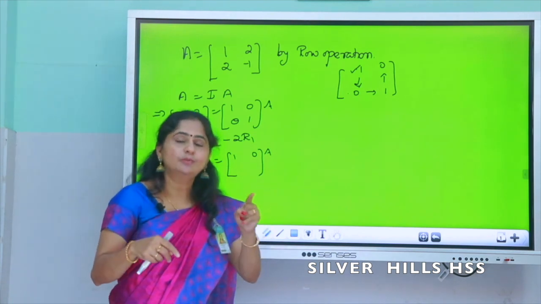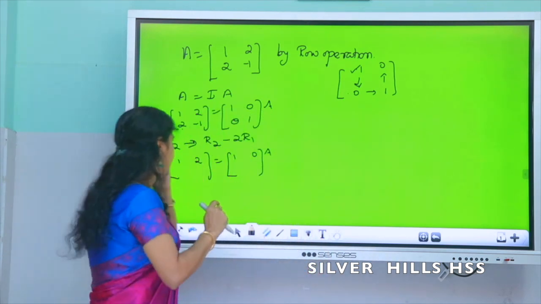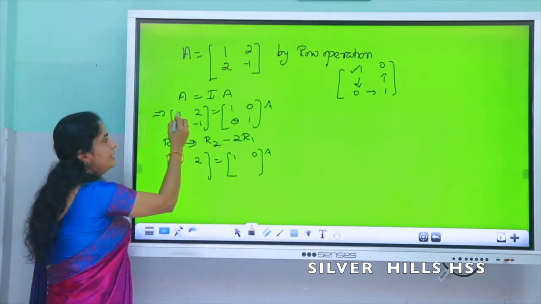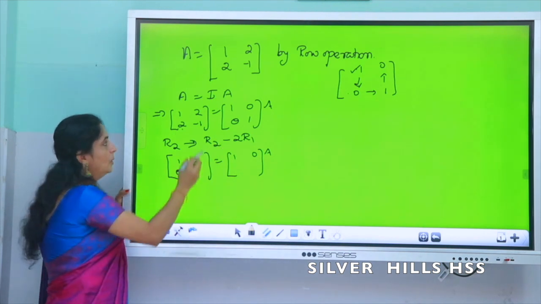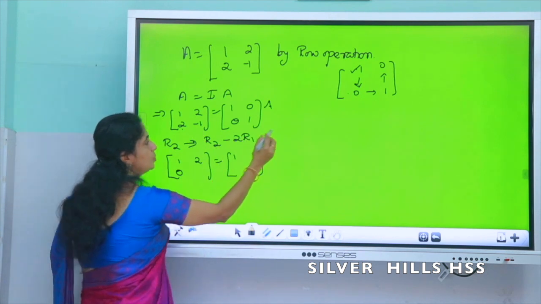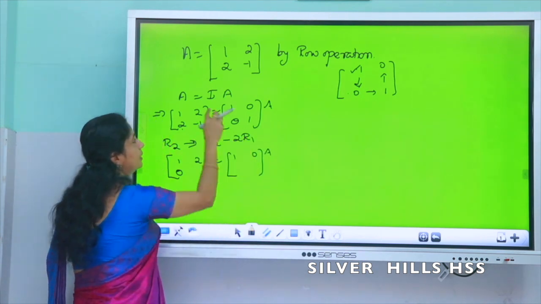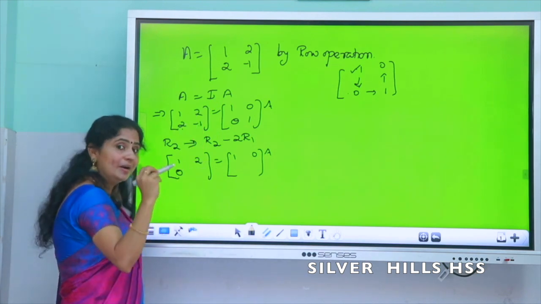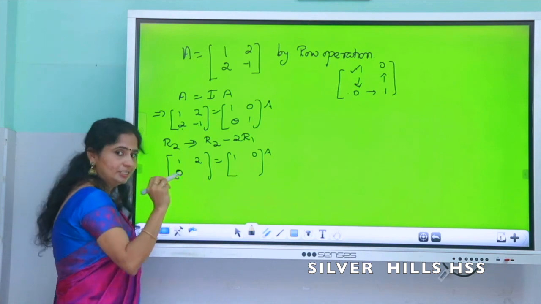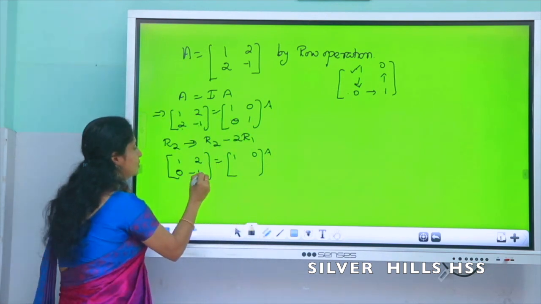So, 1 has to be multiplied by minus 2 in order to get 0 there. Therefore, 2 minus 1 into 2, that is 0. Minus 1, R2 is minus 1 here. Minus 1 minus 2 into corresponding R1 is 2. So, minus 1 minus 2 into 2, that is we get minus 1 minus 4, that is equal to minus 5.